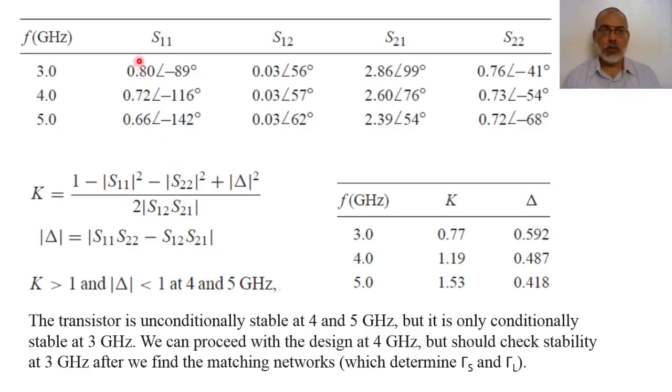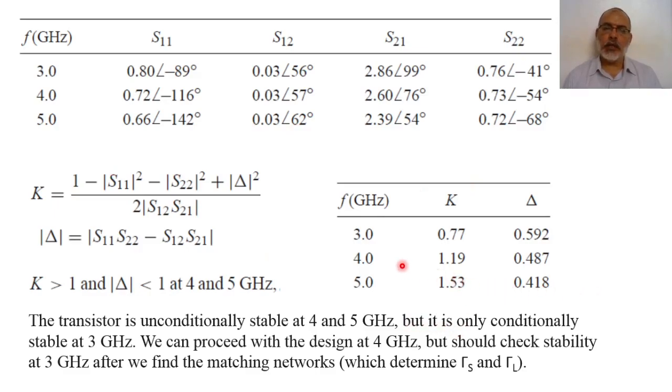We are going to use these values at 3 GHz to find the value of K and delta, and these values at 4 GHz to find K and delta. Finally, these values at 5 GHz to find K and delta.